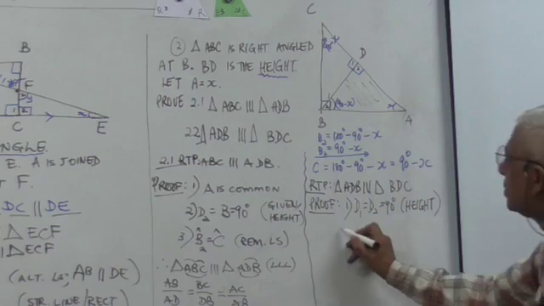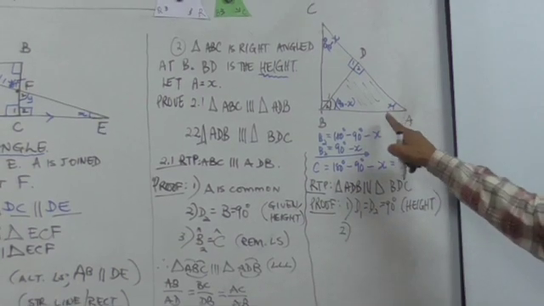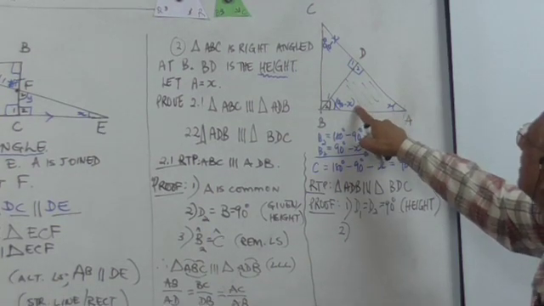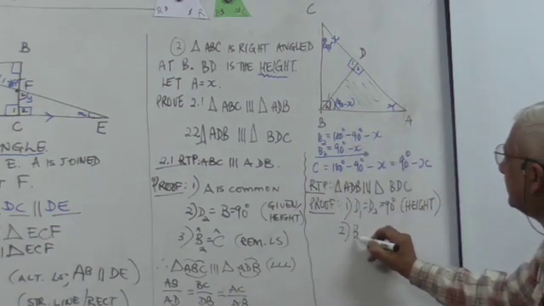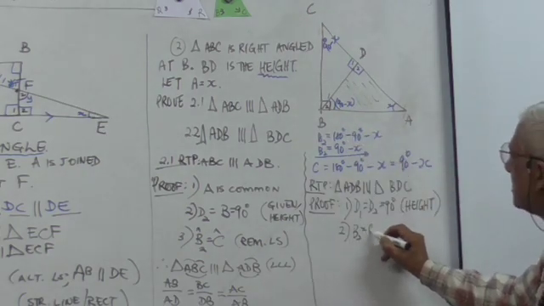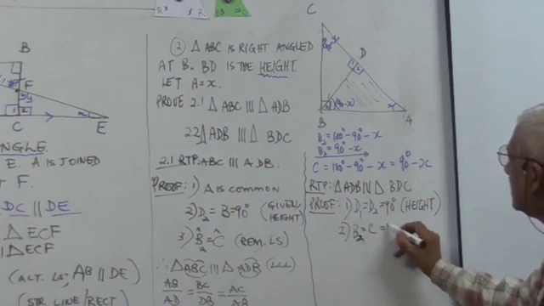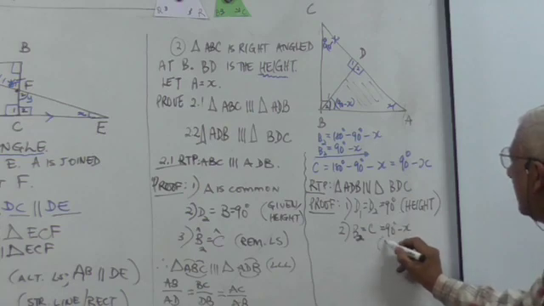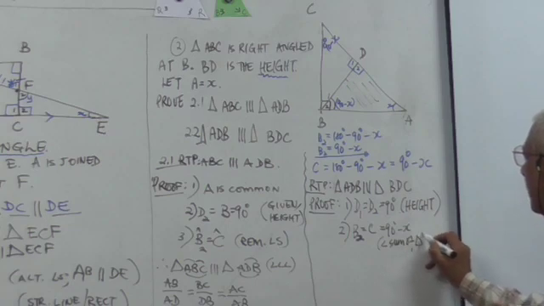Right. Then number 2, this is 90 minus X, and that is 90 minus X. So B2 is equal to C is equal to 90 degrees minus X. The reason is angle sum of triangle.